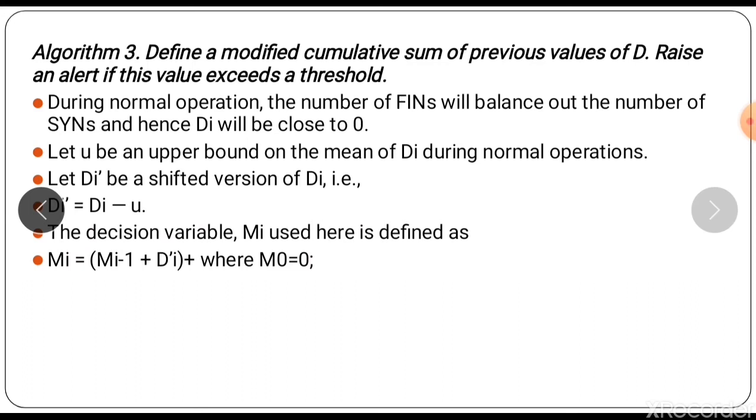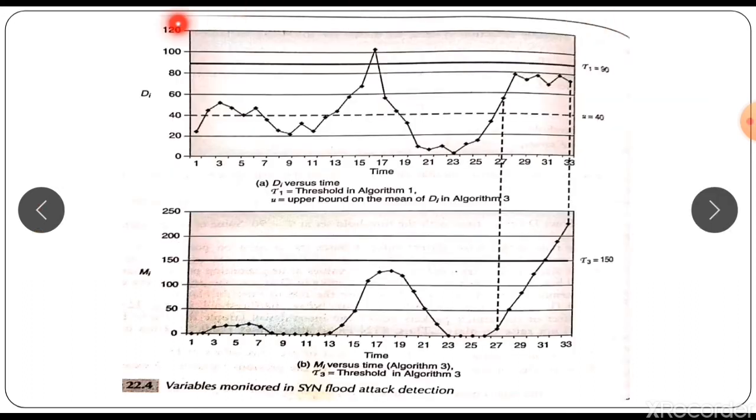So let's see what this is. Just look at these two diagrams, the first one and the second one. In the first, we first define U, which is the upper bound on the mean of Di. U is defined as 40 over here. Then consider this diagram.